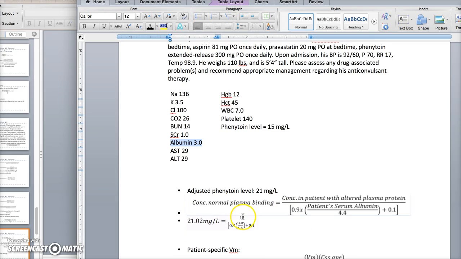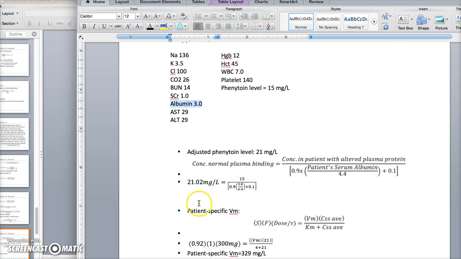How do I get that 21? I took the 15, which is the observed concentration, and the denominator was 0.9 times 3.0 over 4.4, plus 0.1. So my adjusted phenytoin level was 21 milligram per liter.